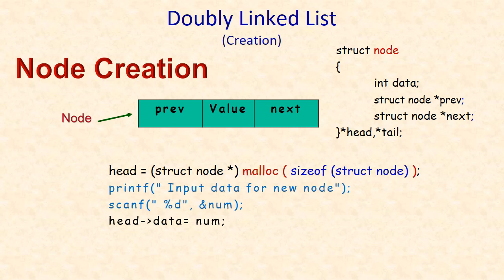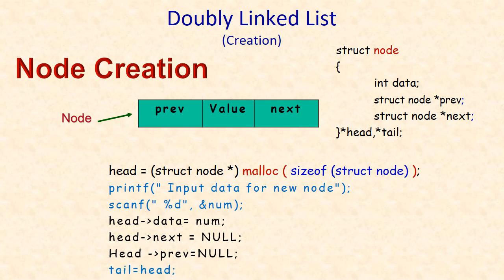So I am assigning num to that, and then I will assign null to head next, because there are no further nodes, only the head node exists, since I have just started creating this linked list. And what about head previous? There are no previous nodes either, and head previous will always be null. So head previous is equal to null.